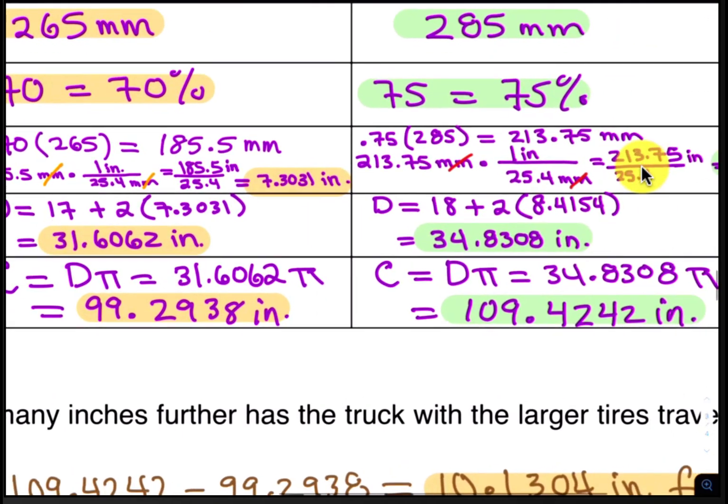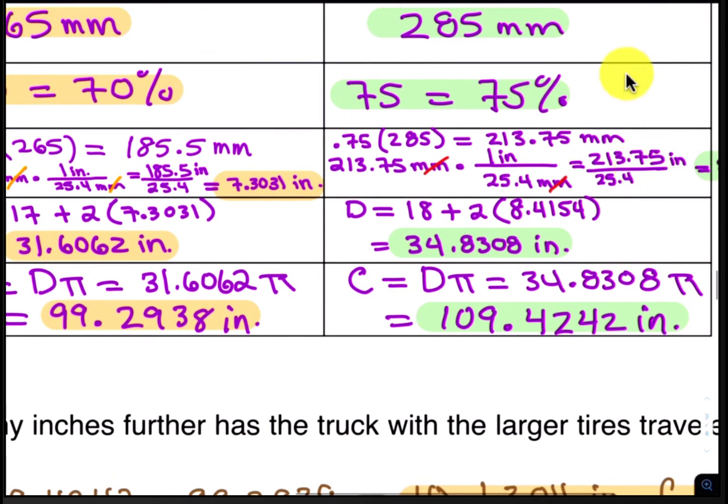We'll do the same thing over here for the larger tire. That's 75% aspect ratio. So we multiply 0.75 times the width of 285 and we get 213.75 millimeters. We'll have to convert that to inches. So we'll multiply the 213.75 times 1 inch over 25.4 millimeters.